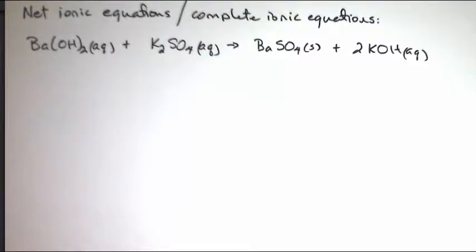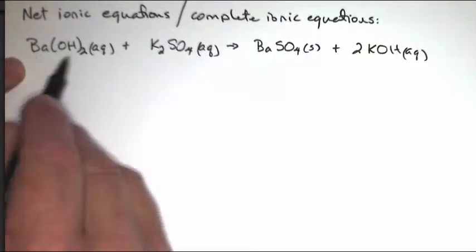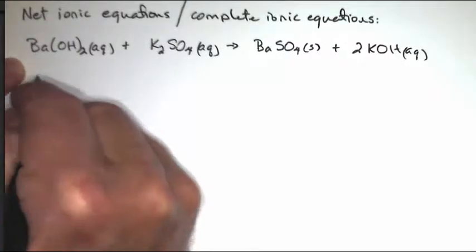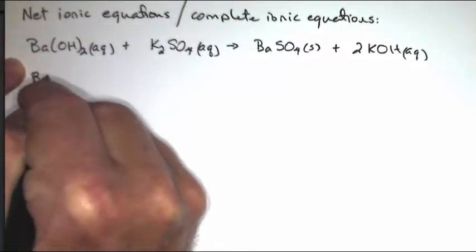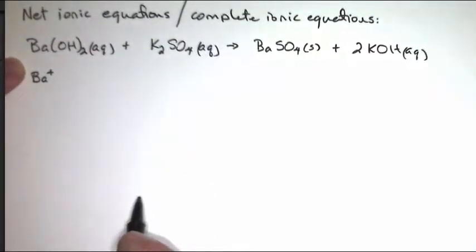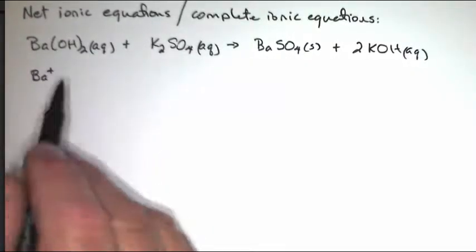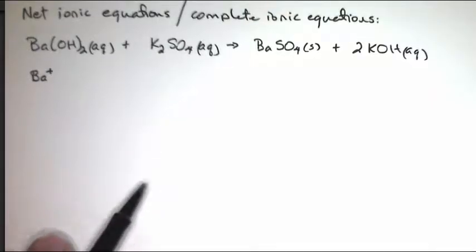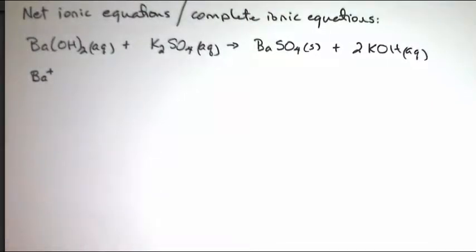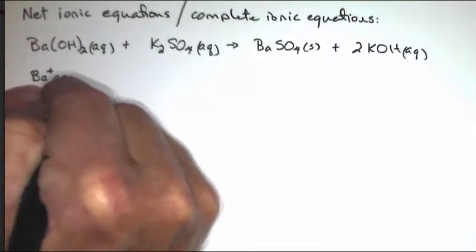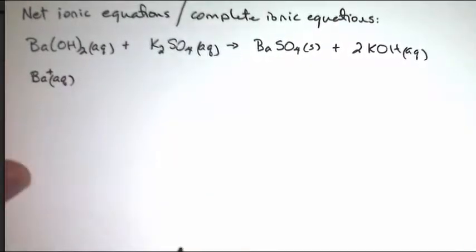Got that? So in this formula, I have one barium ion. That's Ba with a 2+ charge. And we said that barium hydroxide, just like any salt that's solvated, breaks up and is separated, and it's solvated by the water. It's actually dissolved in the water. So this barium ion is aqueous because it's dissolved in the water.